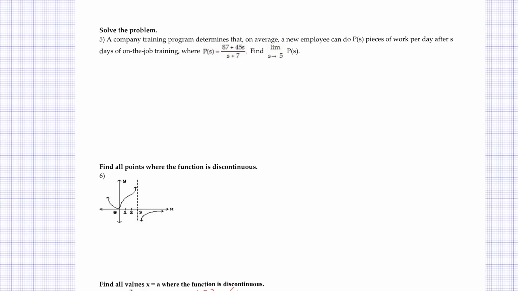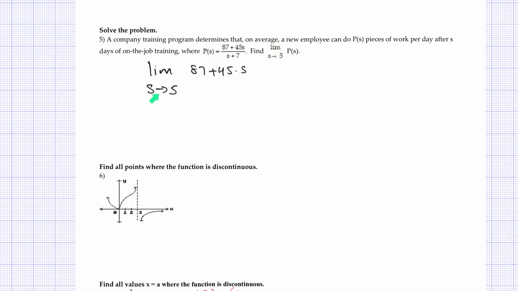In this word problem, the employee productivity after S number of on-the-job training is given by this function. We want to determine the productivity of the employee as the employee's training approaches the 5th day.